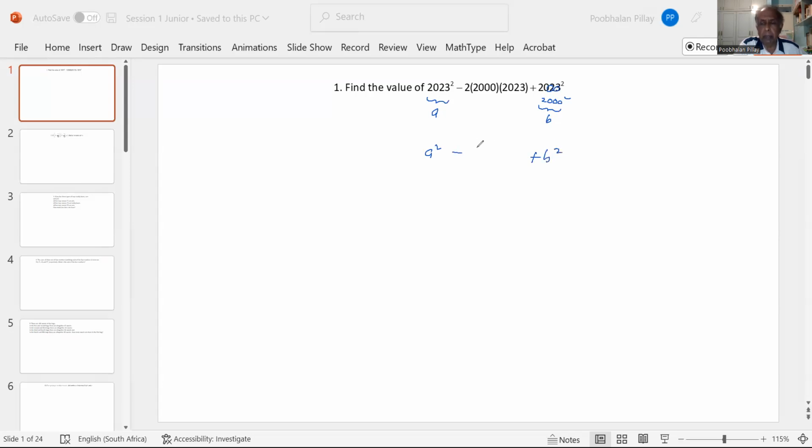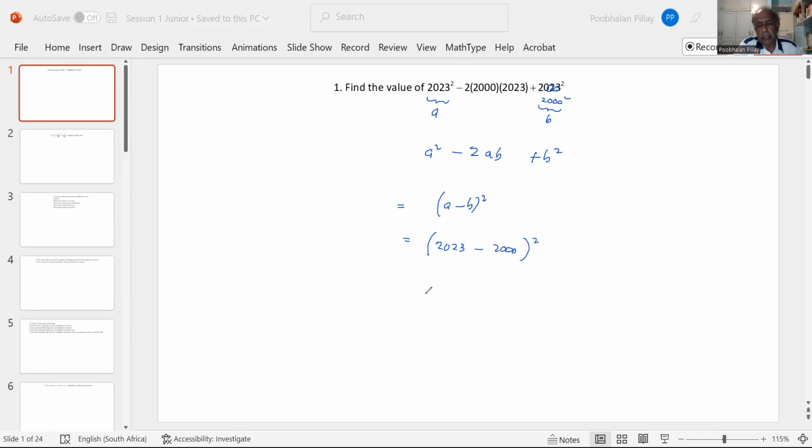And here you have minus 2 times b times a, which is the same as a times b. We've just seen that this quantity, a squared minus 2ab plus b squared, is (a minus b) all squared. If you substitute a is 2023 and b is 2000, you could simply subtract these two.